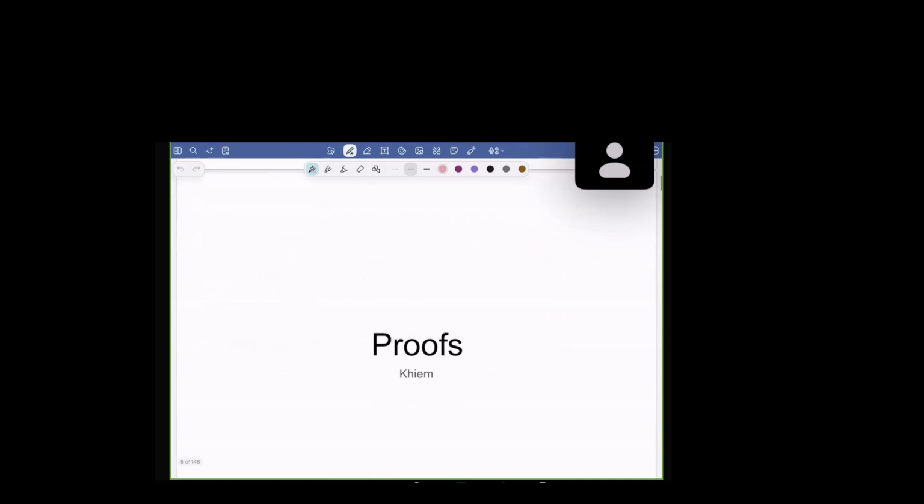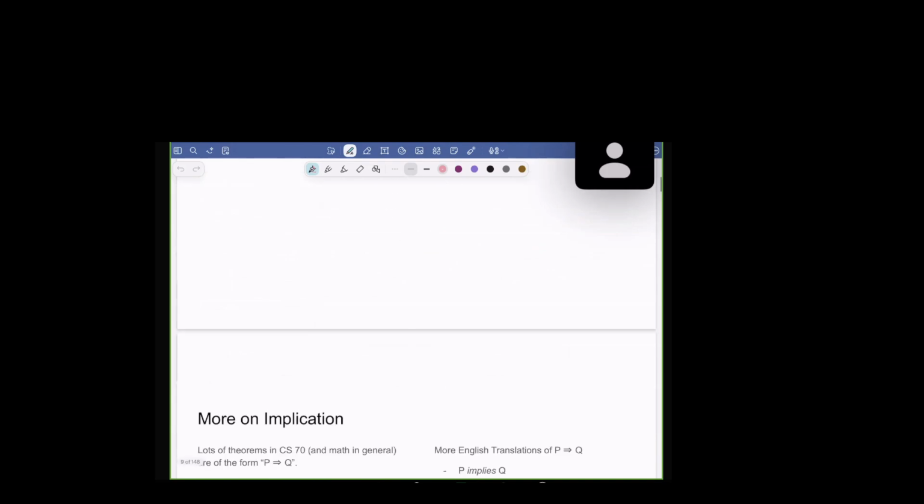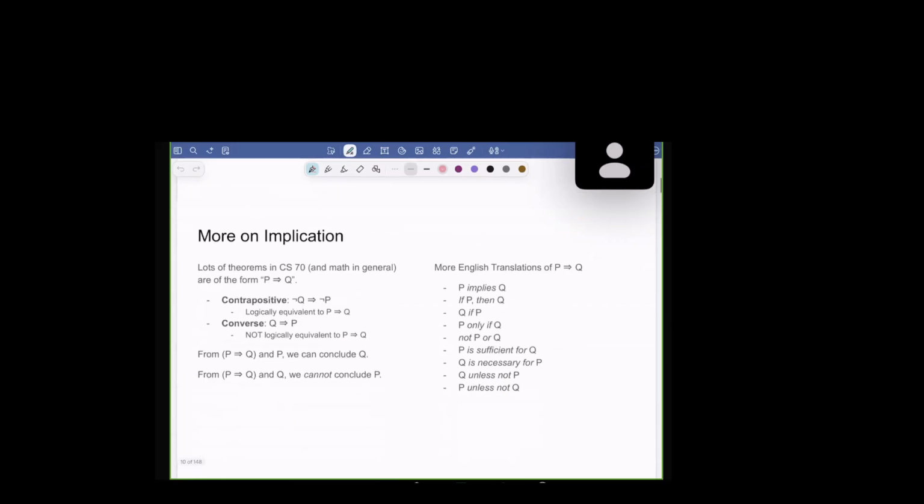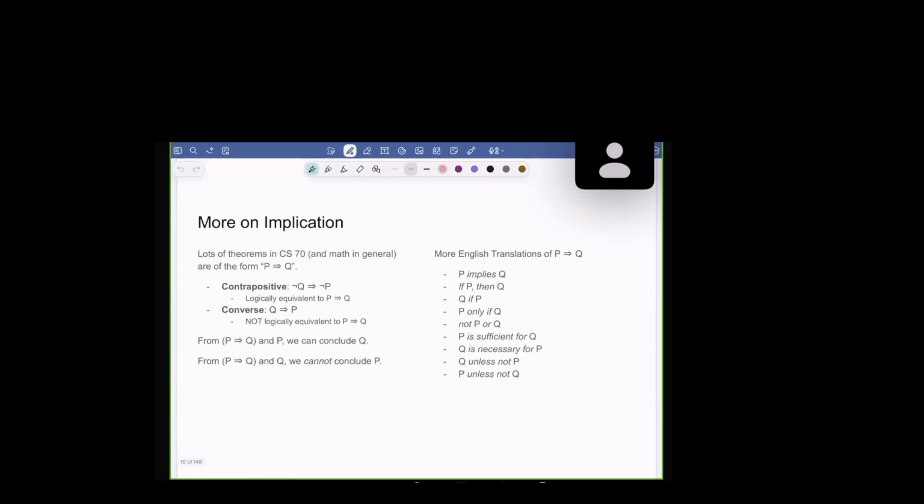Next, okay. On to a more tricky topic, proofs. So more on implications. A lot of theorems in CS70 are in the form of P implies Q. And usually we want to prove that if we have P, then Q is also true. And you should be comfortable with this terminology.